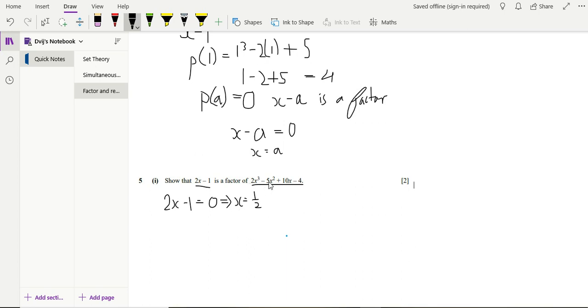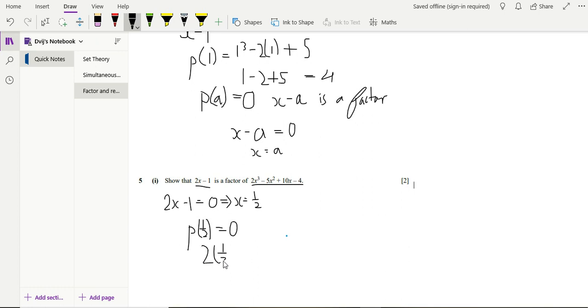And if this is our function, then we know that if we say p of half, then that has to be 0, since apparently it's a factor of this. So let's just check that works.